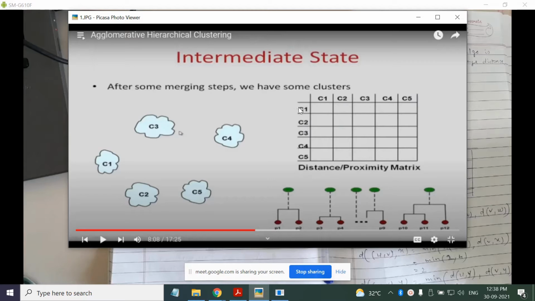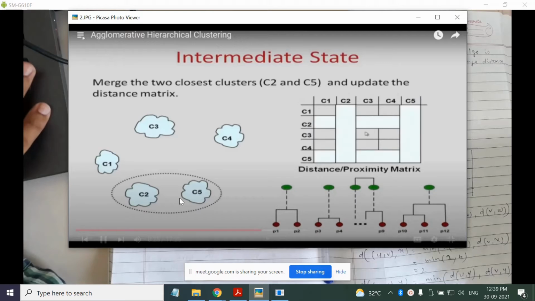I have C1, C2, C3, C4. Calculate the distance between them, and then merge the closest clusters. In this case I think C2 and C5 are the closest ones, so merge them. If you merge these two, then you have to update the distance matrix.